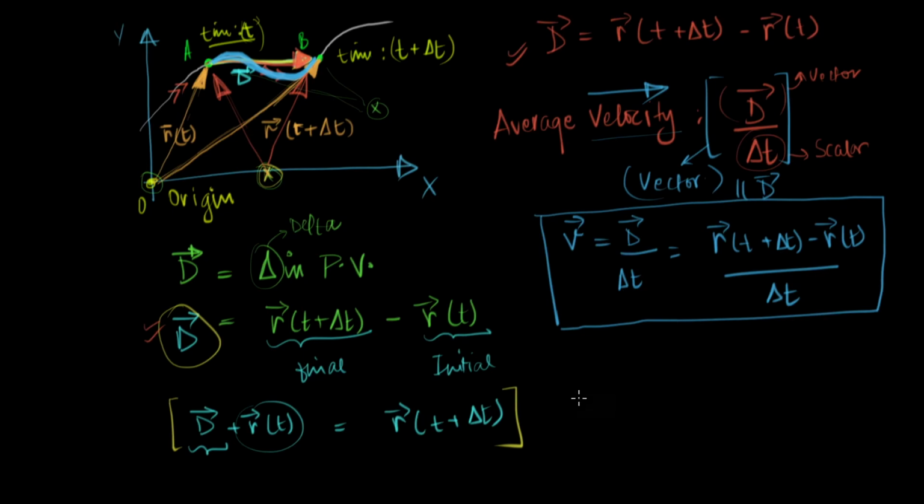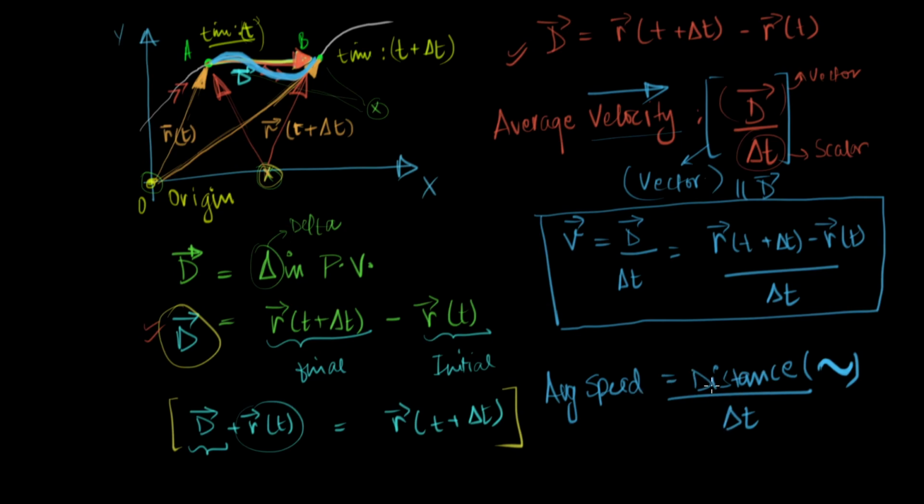And if we want to define the average speed, that would be the distance divided by the time, delta t. And the distance is given by the curvy blue line I've drawn there. So that's the total length of the blue line divided by the time. This gives me average speed.